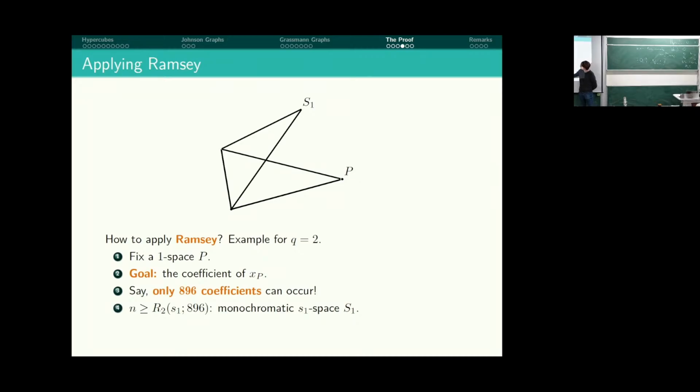One can do a stupid argument for q equals 2 that we can have at most 896 different coefficients occurring in our polynomial, but this is not a practical number because we don't want to see in what ways we can use 896 different coefficients to solve anything. And for a larger q, this will get much larger. So what do we do?